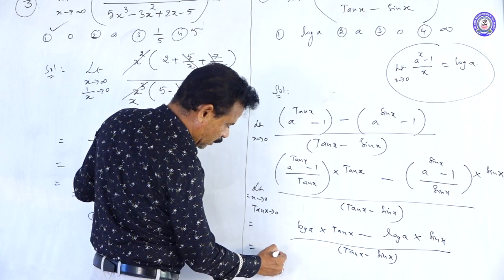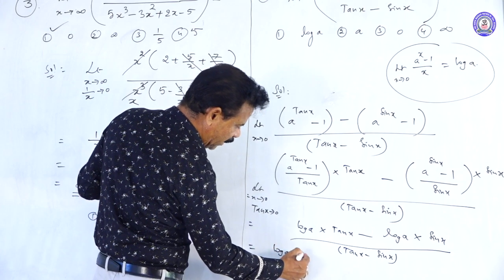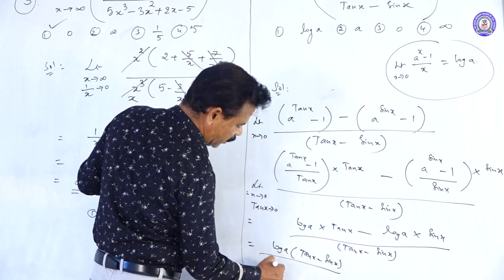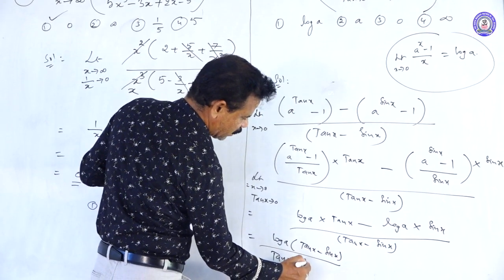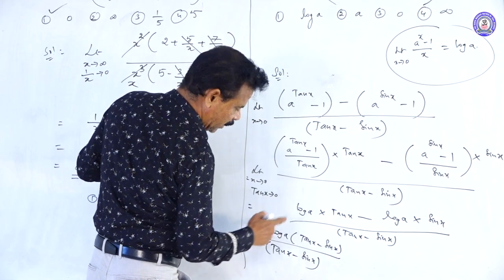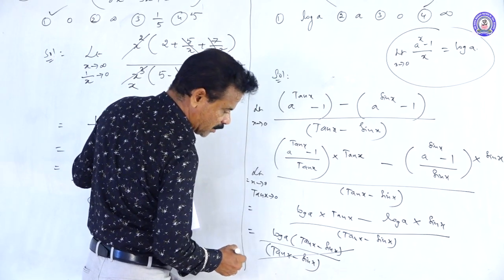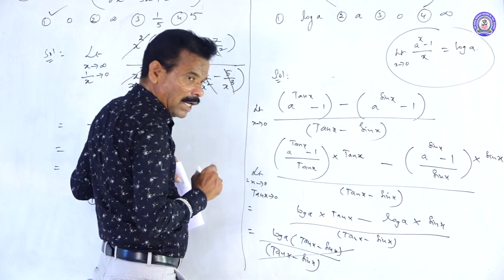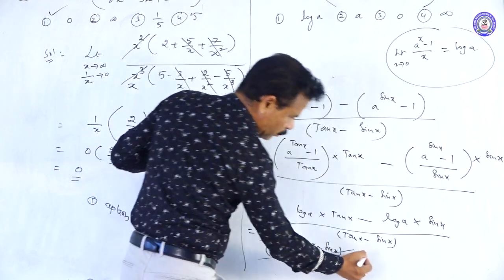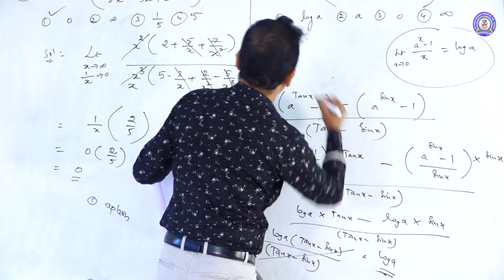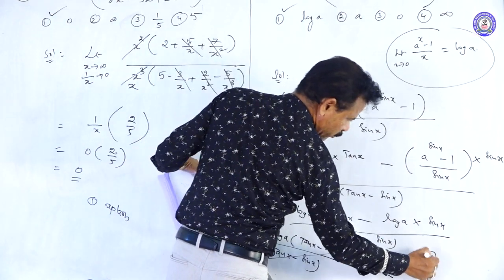Log a multiply tan x minus sin x, division tan x minus sin x. We observe this term is the same, both brackets cancel. So only the log a term remains. Log a is the right answer. First option is the right answer.